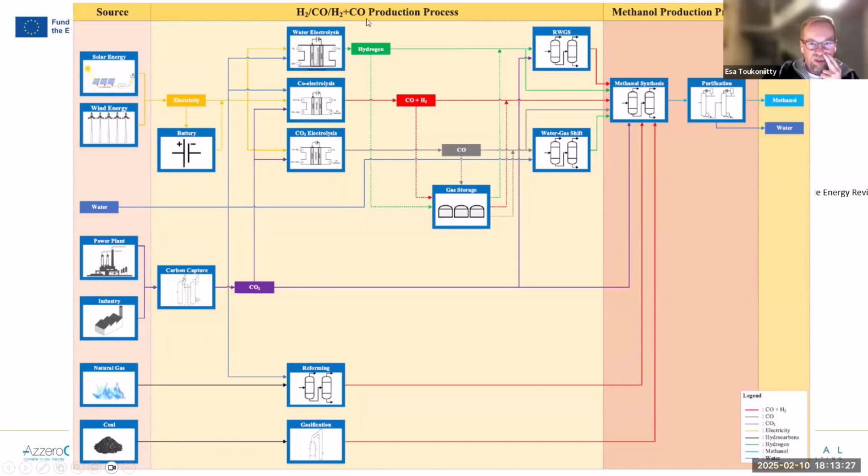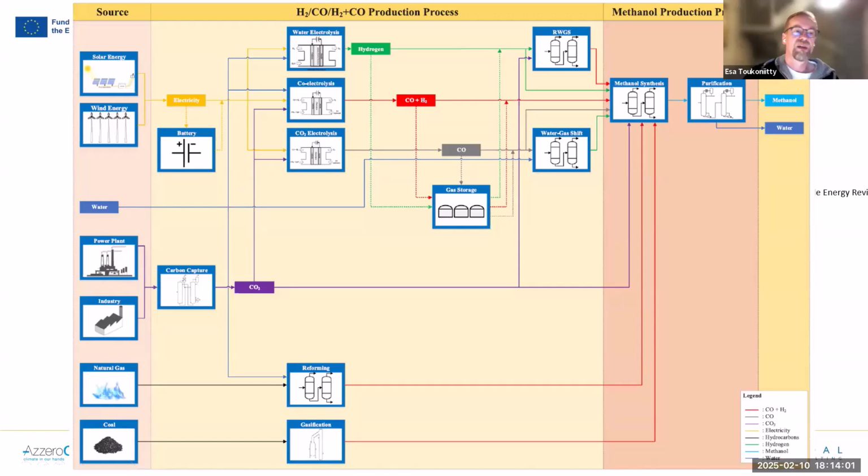Then here in the middle, there are different production processes and also what products are obtained, but it tells maybe, if you follow the arrows, some of these connections between different processes. So here you'll see gasification, reforming, CO2 electrolysis, co-electrolysis with water and CO2, and then just the water electrolysis.